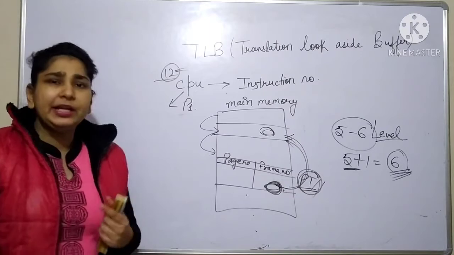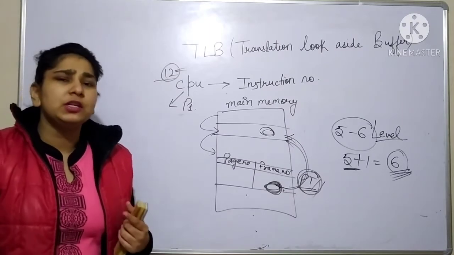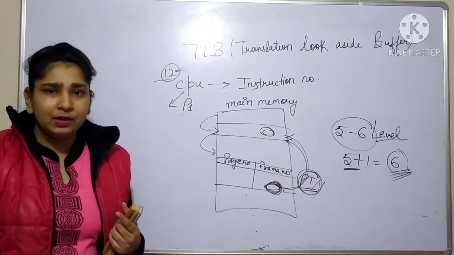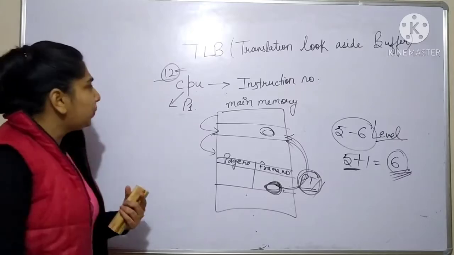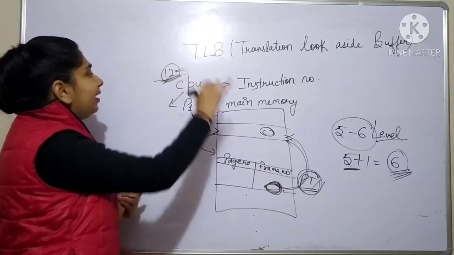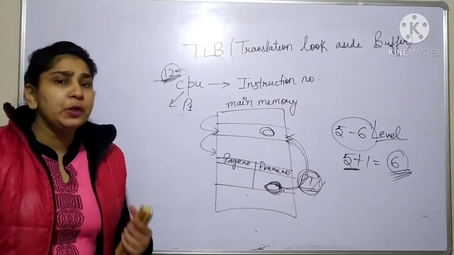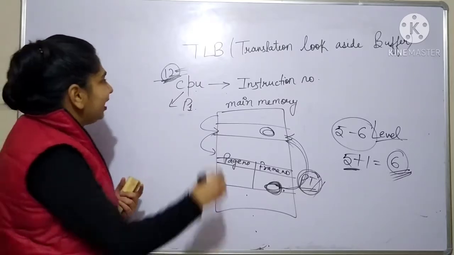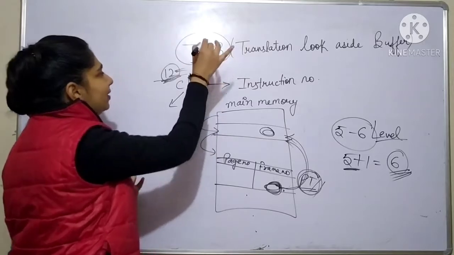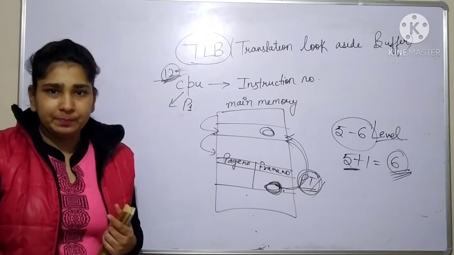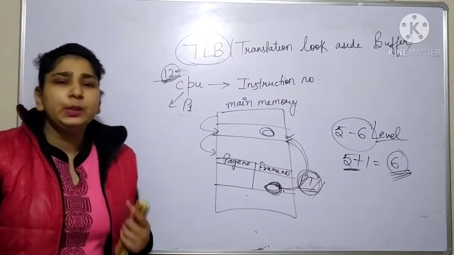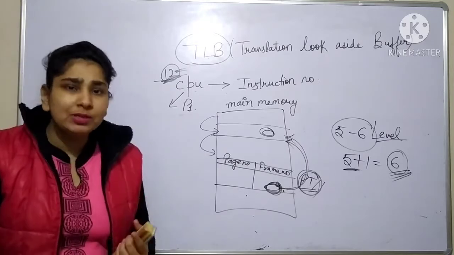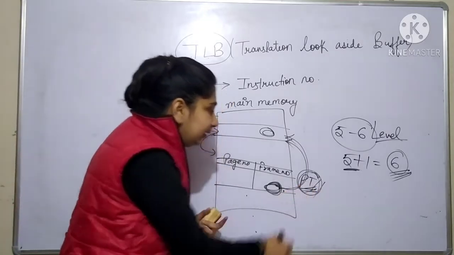So we need to avoid this wastage of time. If you know that your 12th instruction is going to be requested by the CPU again and again, what can we do? We can make use of the Translation Lookaside Buffer. Why are we making so many levels of page table?